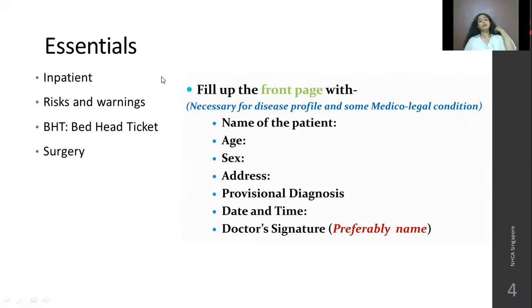In a surgical medical record, what kind of extra things apart from what we have discussed in inpatient records, what extra information you will find? If you have studied, if you are prepared with the infection control examination, you would know. If at all, remember WHO's surgical safety checklist.